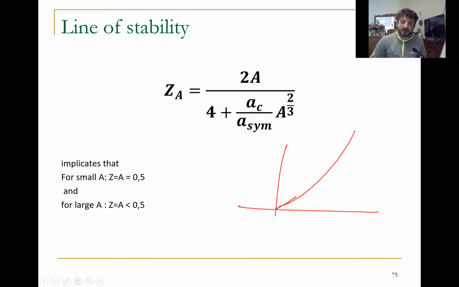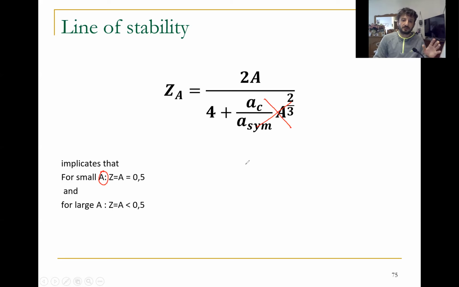So for light nuclei, Z equals N. Light nuclei, I mean we have a small value of A. For a small value of A, it means this term equals approximately 0.